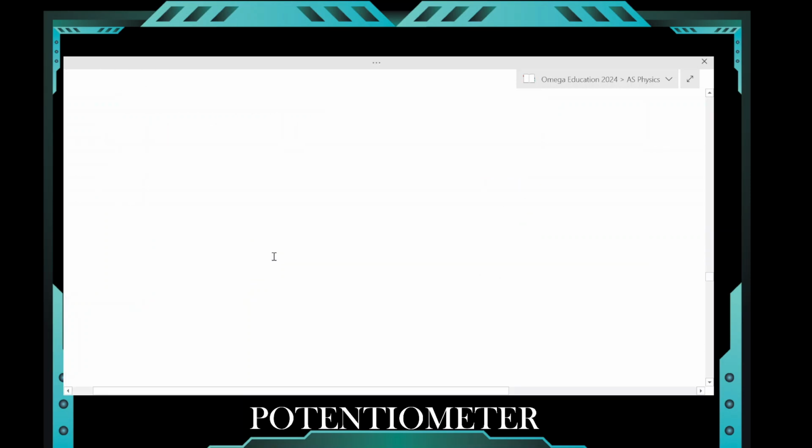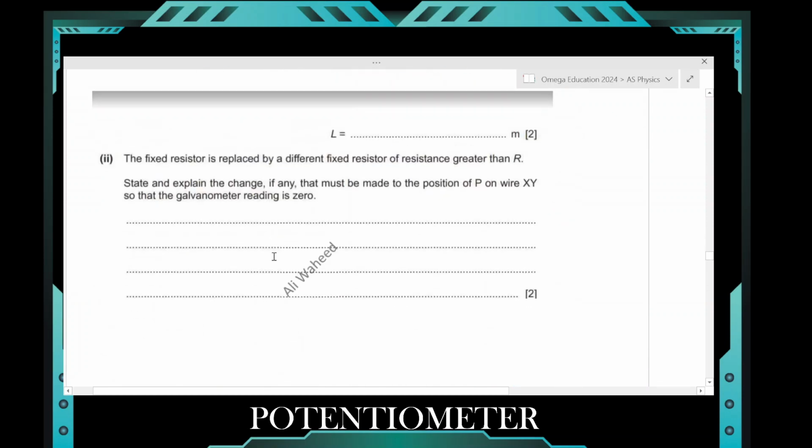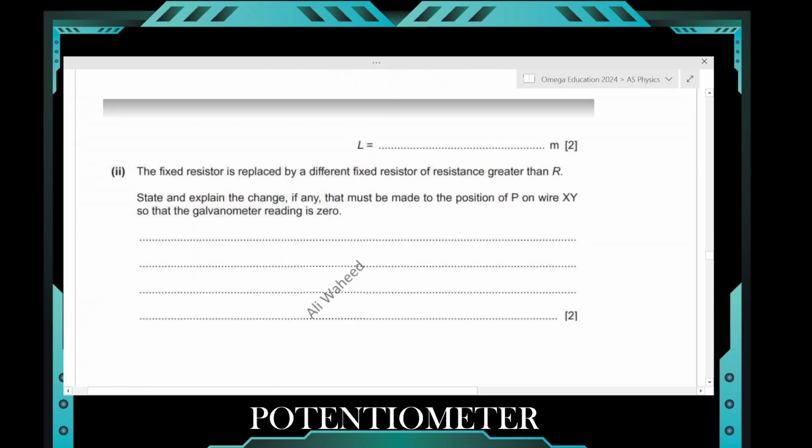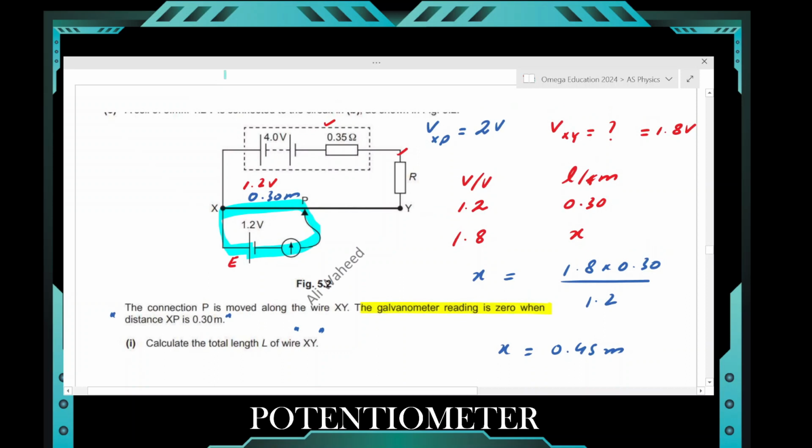So this is a very interesting question. Okay, so I'm going to scroll up to the diagram and remove all the extra details. Hopefully you have noted it down or taken a screenshot. I'm going to erase it off.